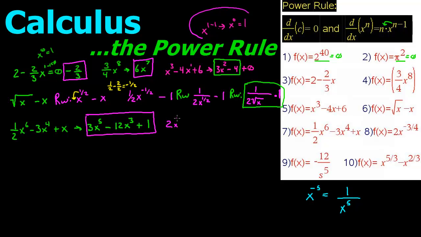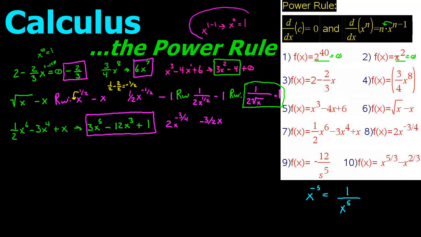Okay, so going on to number 8, we've got 2x to the negative 3/4 power. So same thing, we're going to take this negative 3/4 and multiply it by 2, which gives us a negative 6 over 4, which can be reduced to negative 3 over 2. Alright, so for this first part we say negative 3 over 2 x.